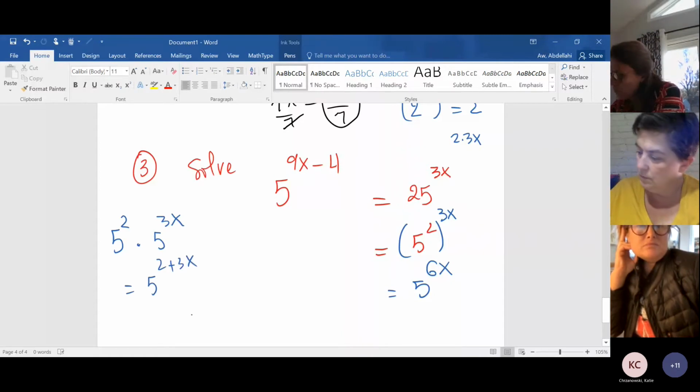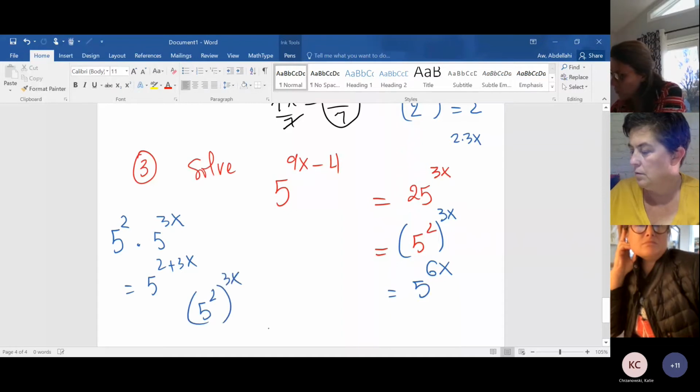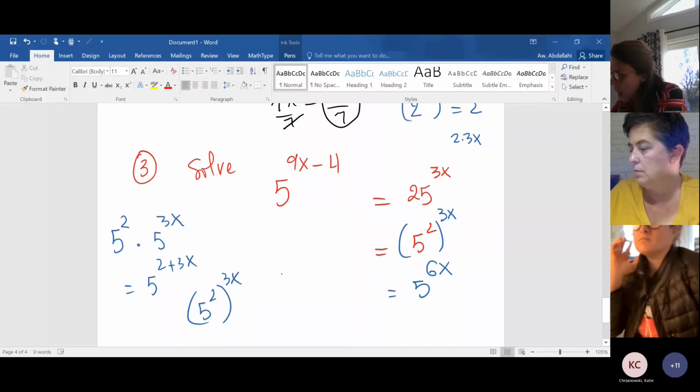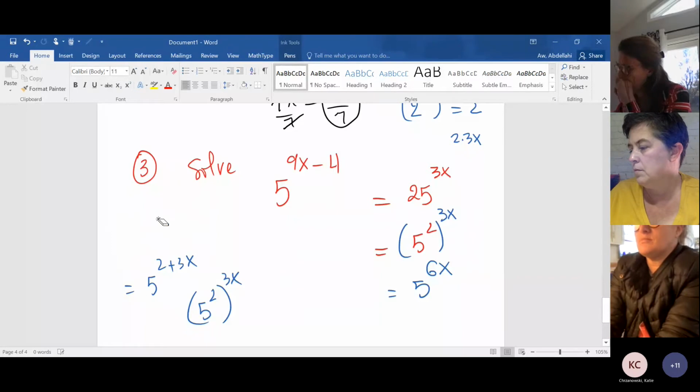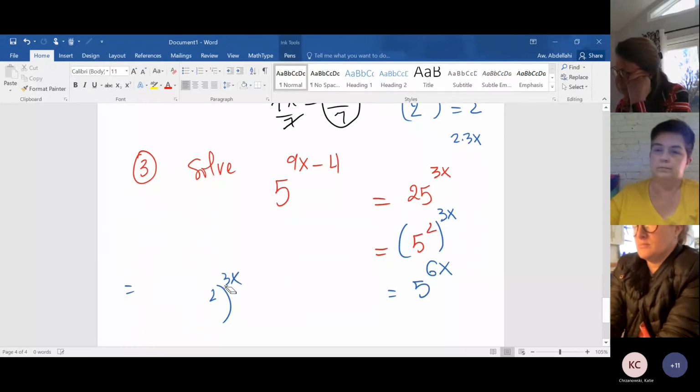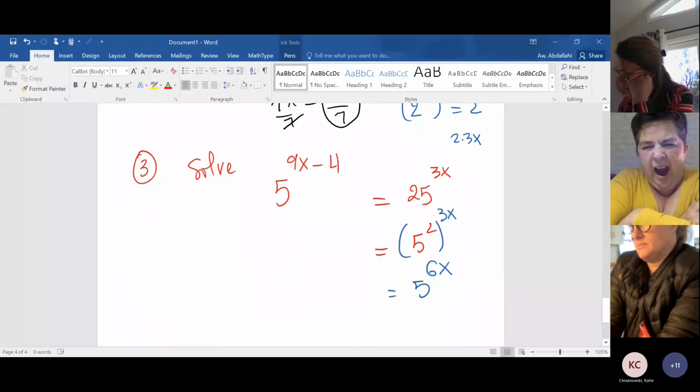But if it is compounded, if it is 5 squared and then 3x, you have to multiply them, right? That is a good question because it allows us to lay down the two cases. In this case, the two exponents are compounded. When they are compounded, we always multiply them.